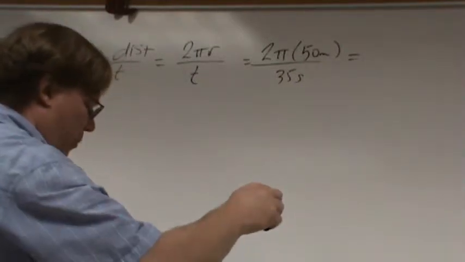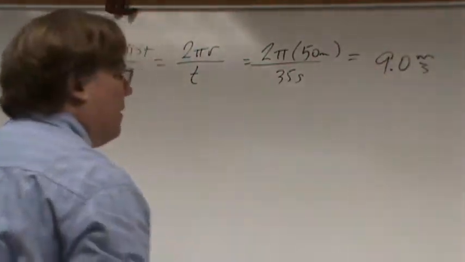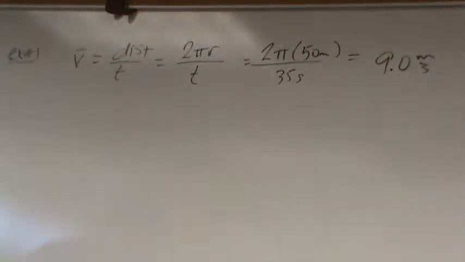So it's like 8.9, about 9.0. Okay, so you guys okay with that? So that's the first type. Sometimes you'll be given a situation where you're going to have to find velocity. Other times you're going to have to switch back and forth between velocity and RPM, or RPM and velocity.